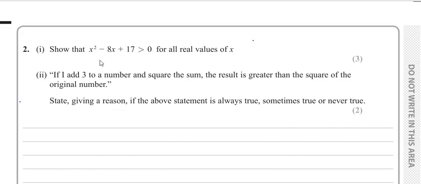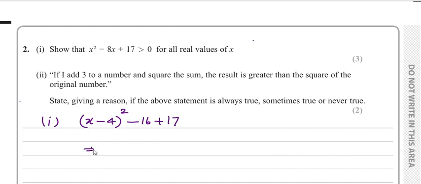Question 2. Show that x squared minus 8x plus 17 is greater than 0 for all real values of x. So in order to show that this is greater than 0, we need to say that this is positive. It cannot be negative. That means completing the square is the best way. So let's write (x minus 4) to the power of 2 minus 16 plus 17.